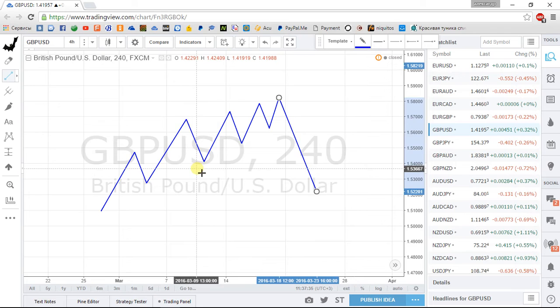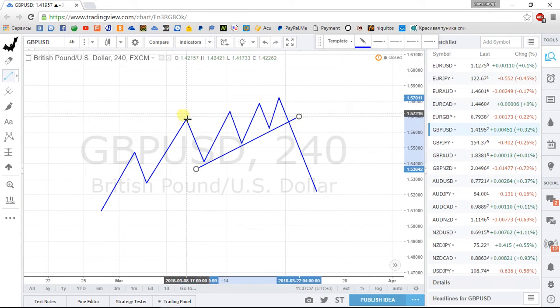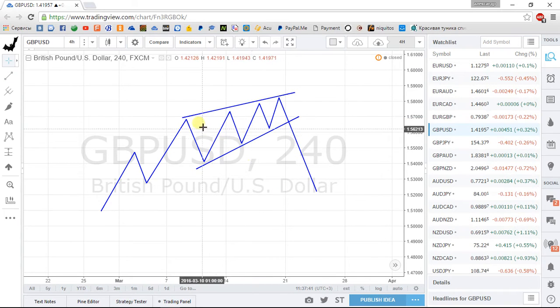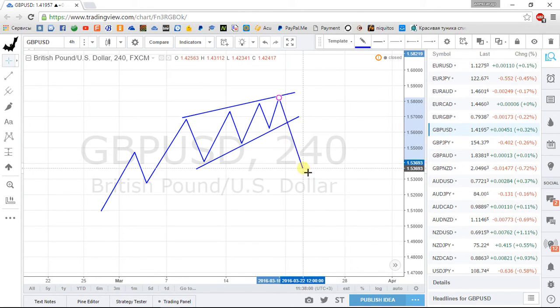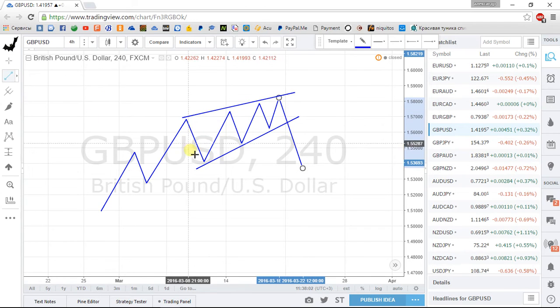If I drop some trend lines here, you will see the formation that is called a wedge formation. These sloping lines are moving towards each other, and they are pointing in one direction. They are pointing to the upside, and we have an upside trend. That indicates that most likely we will move in the opposite direction after we break that level.